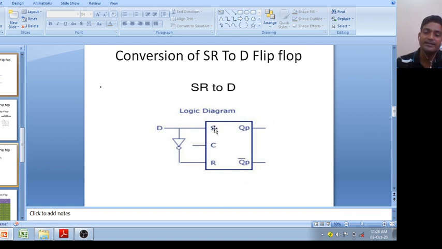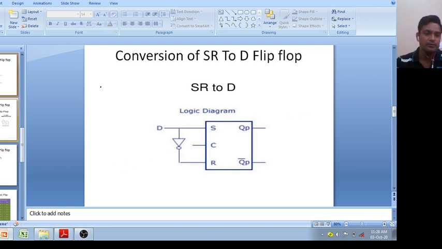So S equal to D, R equal to D bar. Okay. So this complete circuit is your D flip-flop. In this way you can convert one flip-flop into another flip-flop. We have converted SR flip-flop into D flip-flop.